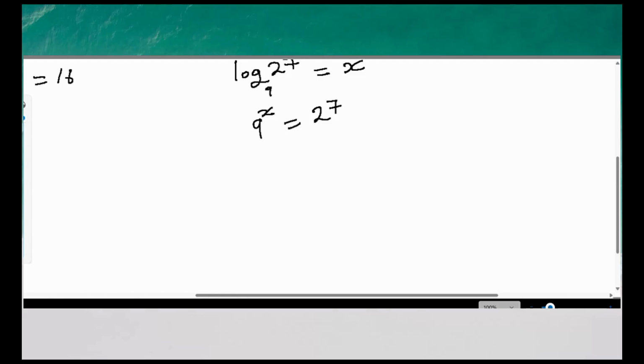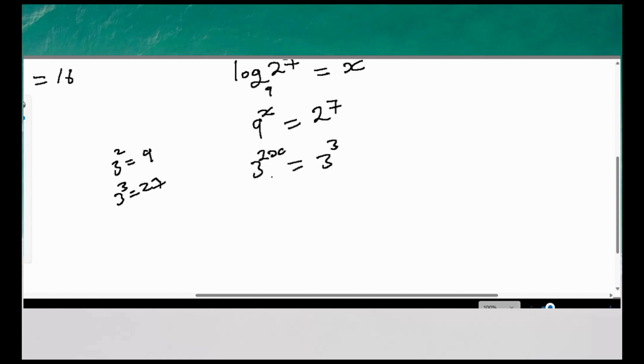So we need to change this 9 to base 3. We know that 3 raised to the power 2 is going to give us 9, and 3 raised to the power 3 is going to give us 27, right? So in place of 9, you write 3 raised to the power 2, all raised to the x, and here we're going to have 3 raised to the power 3.